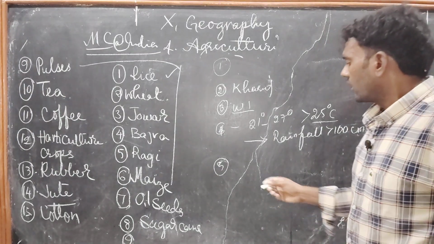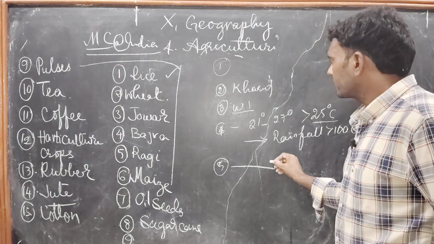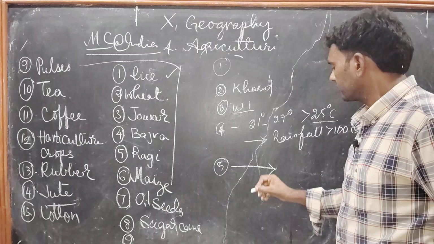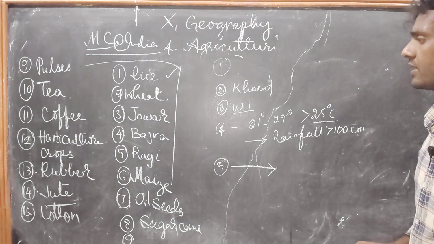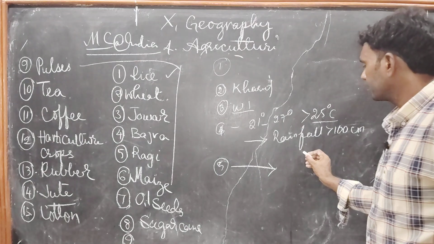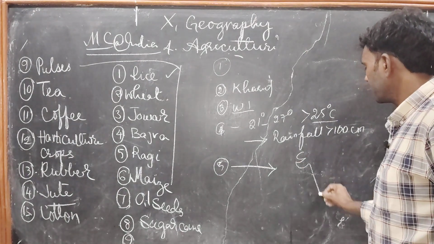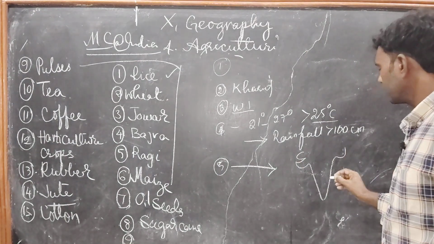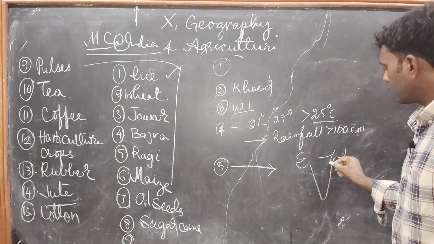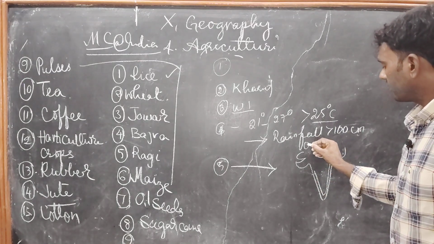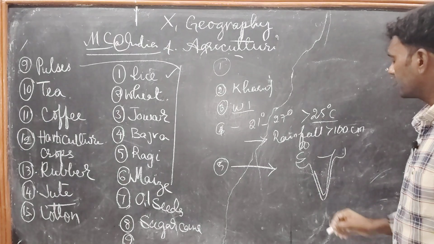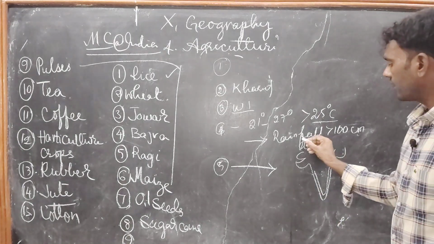So one more thing, the major cultivating states of rice in India. Eastern states as well as coastal areas, and also Haryana, Punjab.